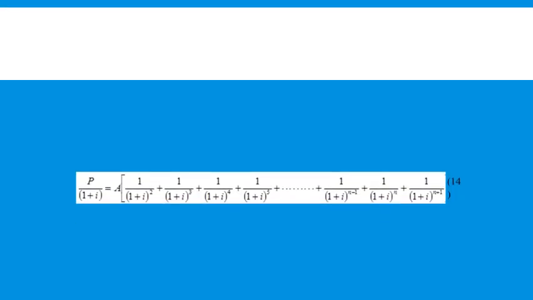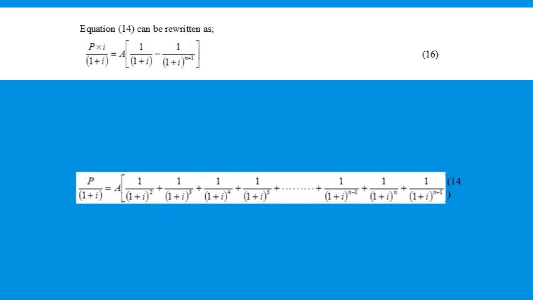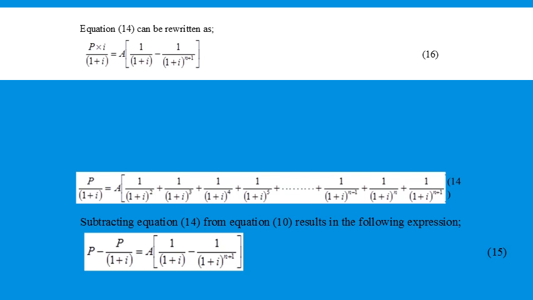Okay, now we have got this equation P divided by 1 plus I, and now we have also got this equation P minus P divided by 1 plus I is equal to A into 1 plus I, this thing. Now this equation, that is equation number 15, can be rewritten like this.